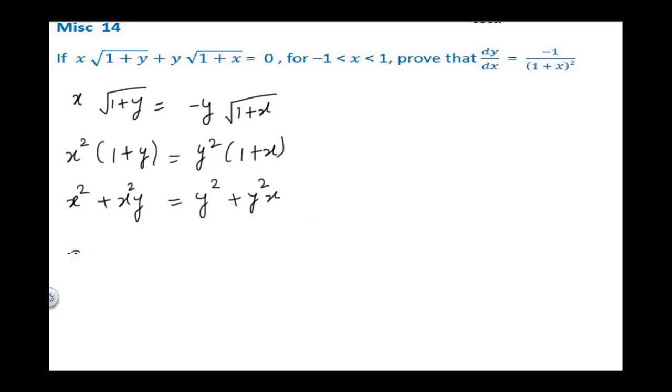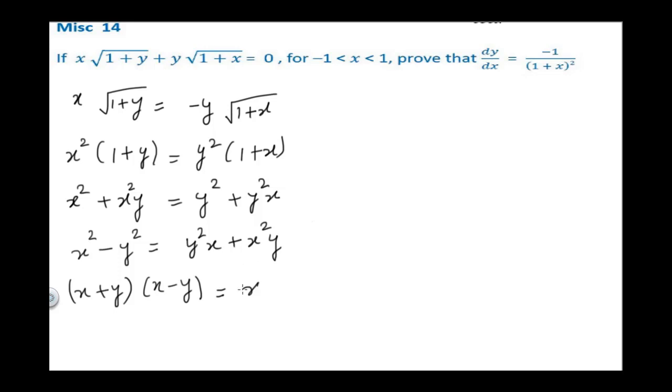Multiply these two. X square plus x square y equals y square plus y square x. We can combine the terms as x square minus y square onto one side and y square x minus x square y onto another side. Here we can write it as x plus y into x minus y equals, here xy is common. One more thing, here this is in plus, here it will come in minus. So if I take xy common, what will come inside the bracket?